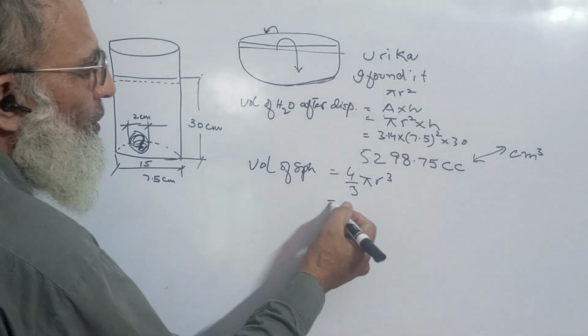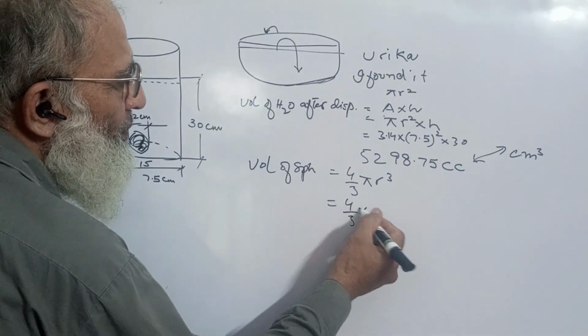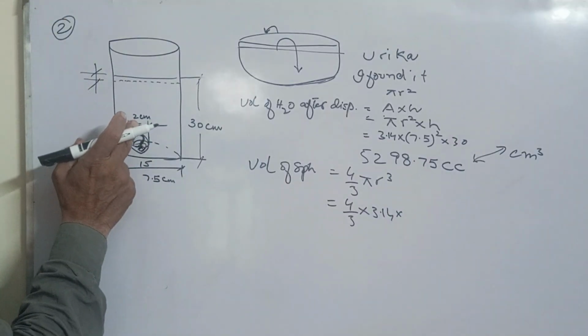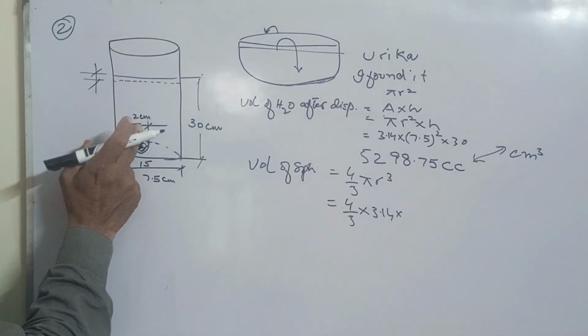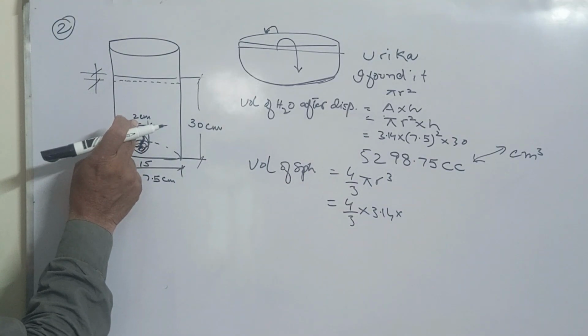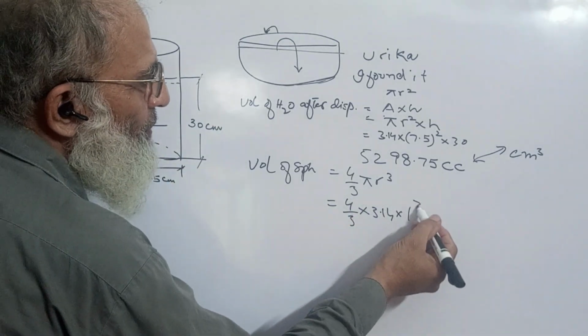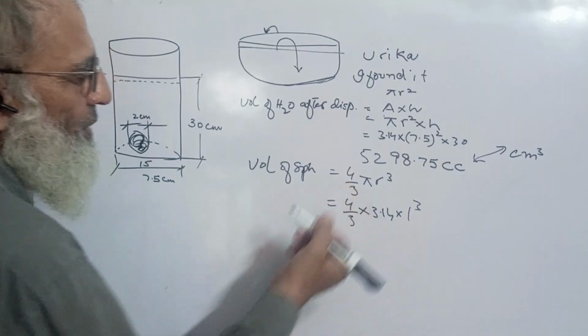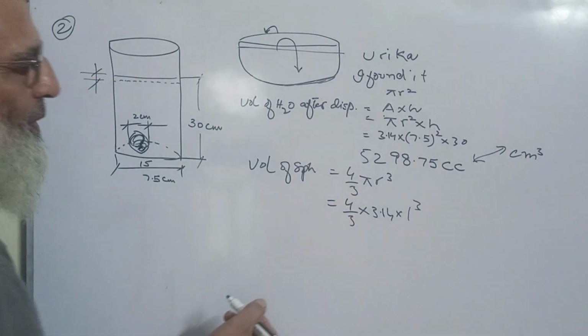So it will be equal to 4 by 3 multiplied by 3.14 multiplied by, you see, the diameter is given here, and r would be 1. So 1 cube, and 1 raised to any power is 1.